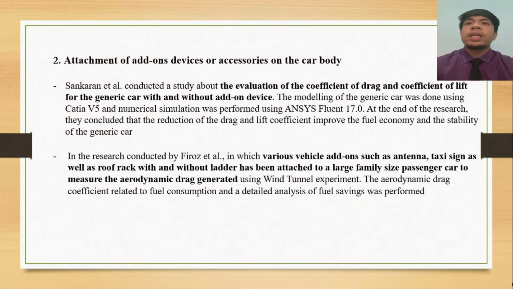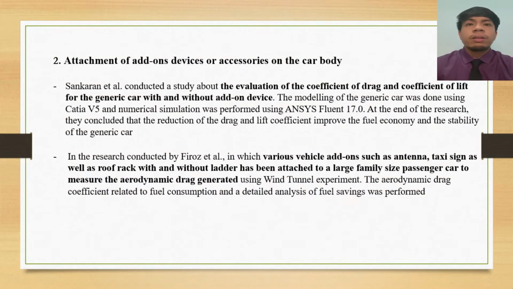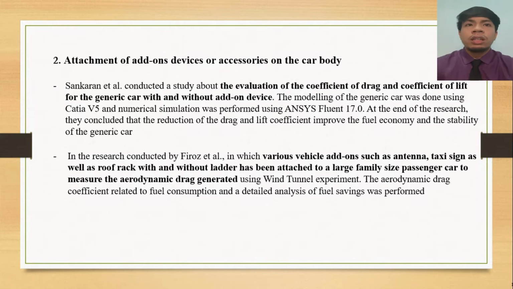The second factor is the attachment of add-on devices or accessories on the car body. The examples of devices used on the car are antenna, taxi signs, as well as roof rack with and without leather.